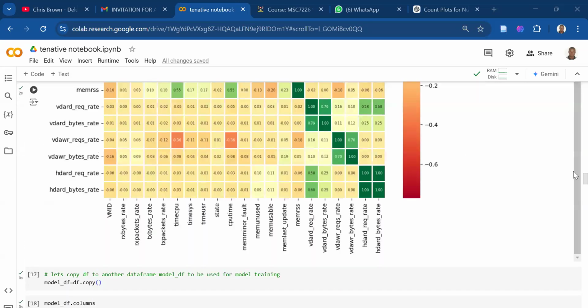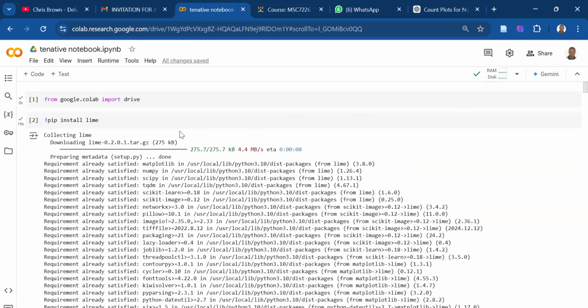This is a notebook. I'm developing it in Google Colab.